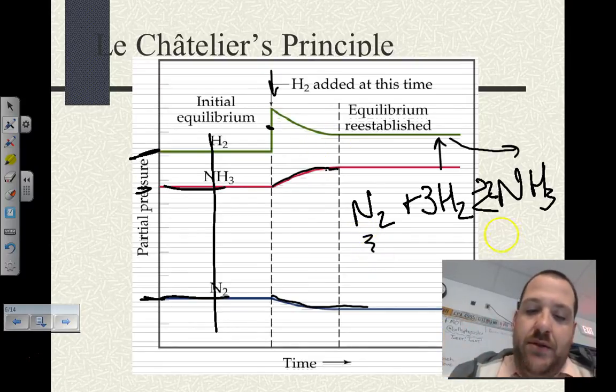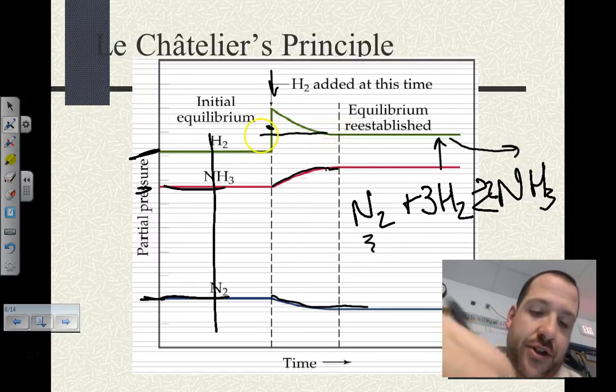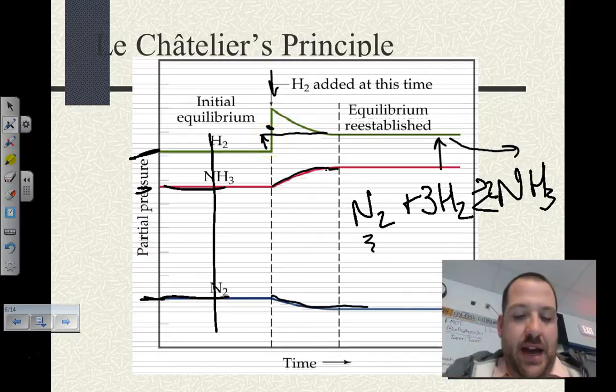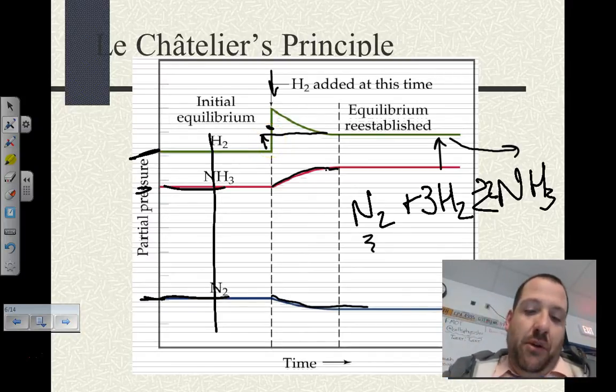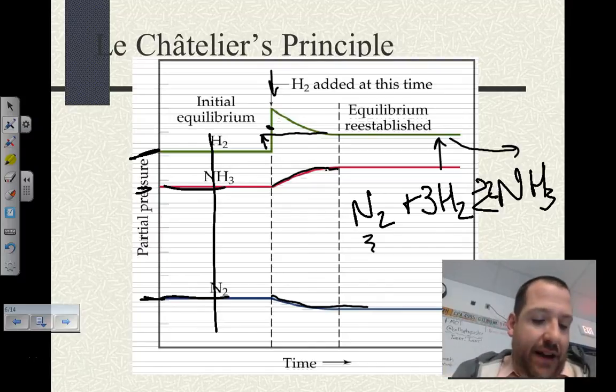Notice when we reestablish equilibrium, the new amount of H2 is going to be greater than the original equilibrium amount of H2. We added H2 to the reaction, and so that's what ends up happening. So you can see this kind of graphically.